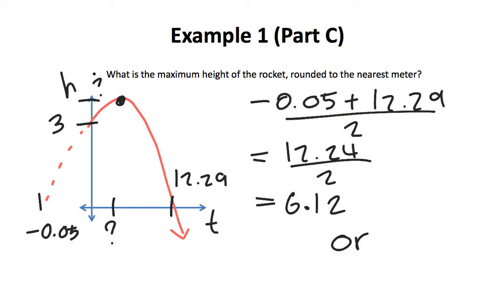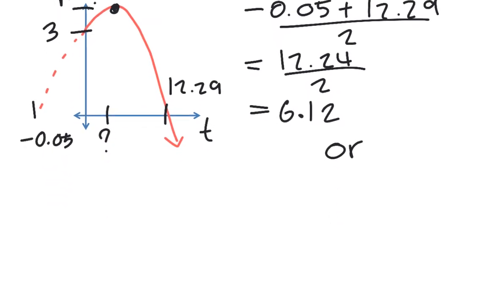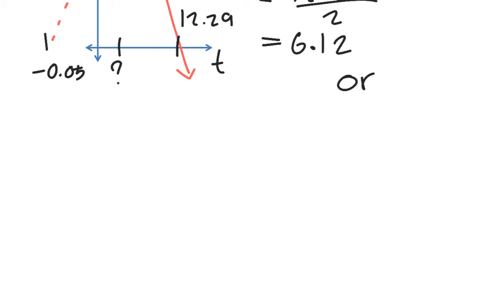However, there is another way of finding the x-coordinate of the vertex, and I'm going to show it to you right now. It uses a fancy formula that we saw when we first learned the quadratic equation. It looks like this. X is equal to negative b over 2a. In our previous question, we already determined that b was 60 and a was negative 4.9. This came from the standard form of the equation. So let's sub these values back in.